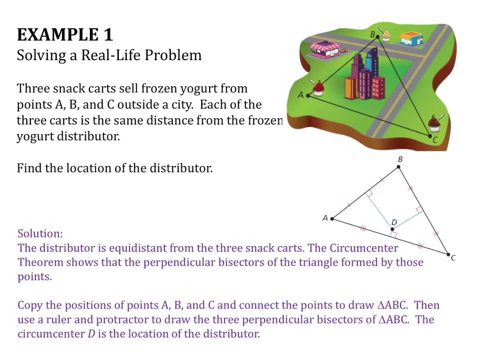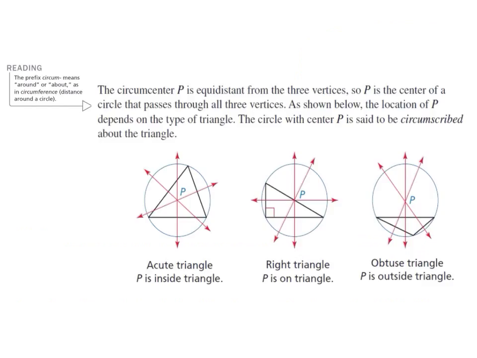Alright, take a moment to read through the text for the solution in words and copy down in your notes. Alright, so to get a better understanding of circumcenter, when you're reading the prefix circum, it means around or about, as in circumference, which is the distance around a circle.